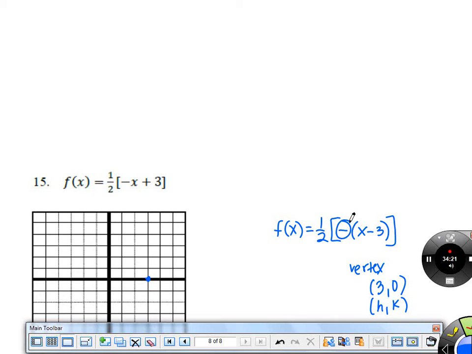How long should my step be? 2 units. No. Close. I know what you're looking at. Not a bad idea. 1 unit. Why is the step length not going to change? Good. This is a -1. So the negative has its own effect, but inside the function, which is affecting the horizontal stuff, therefore the length of our step is still a 1.